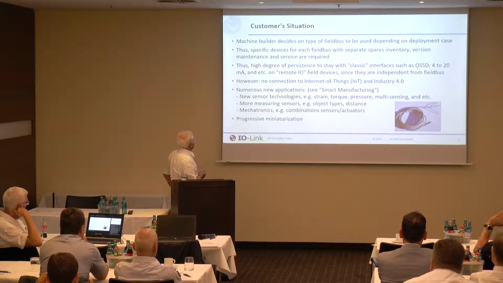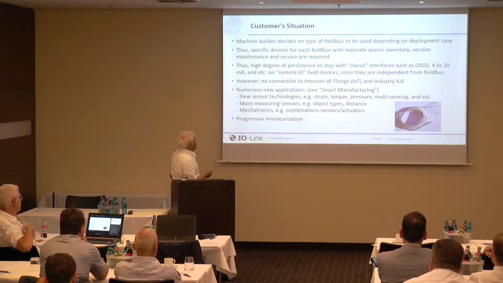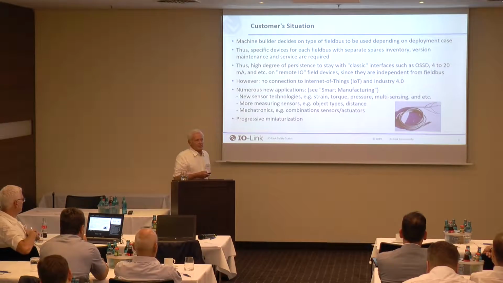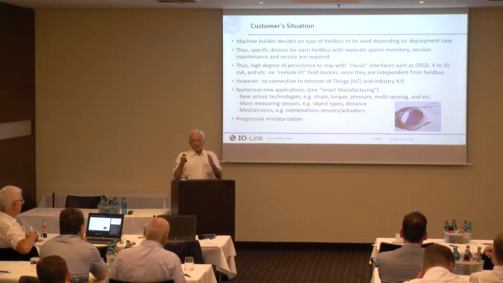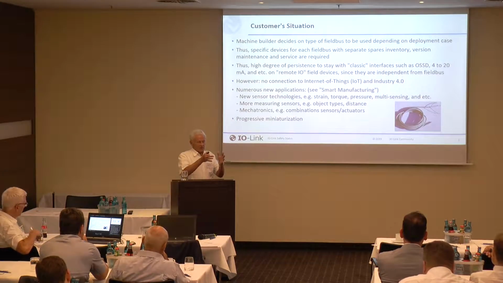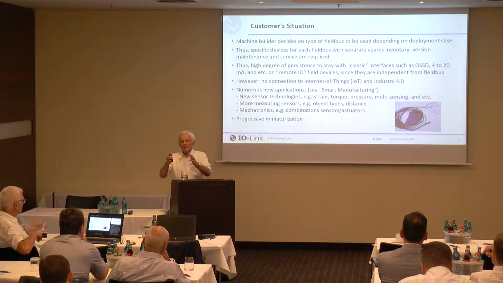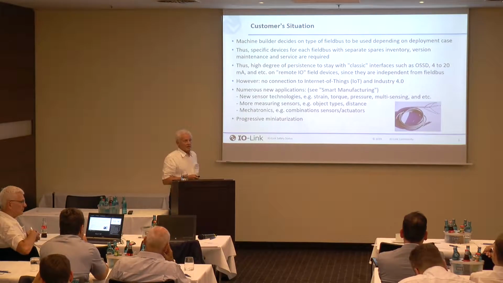a number of new applications in smart manufacturing. In the IEC, there are working groups looking at smart manufacturing. Smart manufacturing means you do not have fixed production lines, but you have production cells, and these production cells can be individually combined for different production situations.